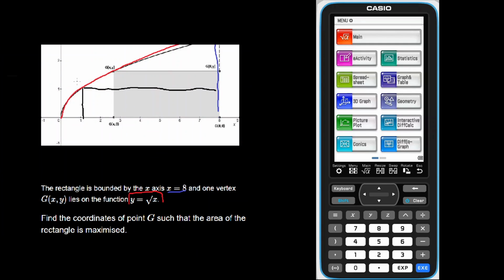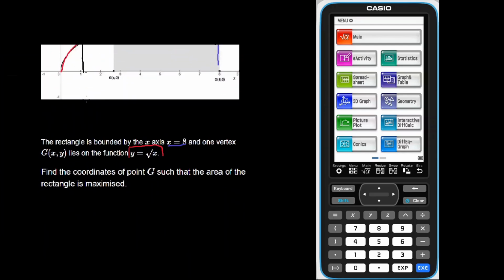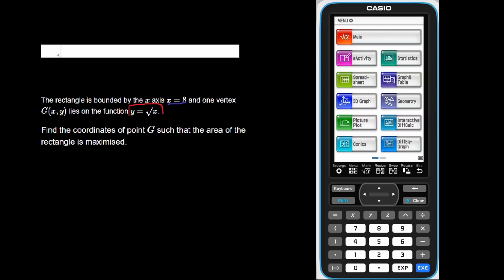So the very first step here is to find the equation of the area. So the area is equal to our width multiplied by our height.